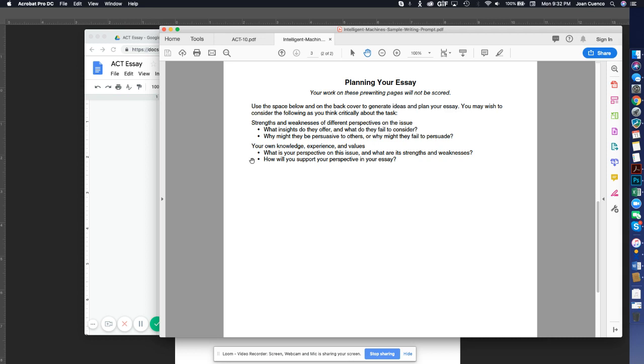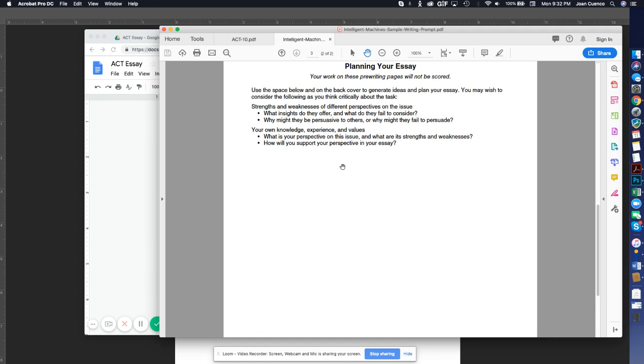And then include, okay, this is a special part of the ACT essay, which is that you can include your own knowledge, experience, and values in order to support your point. What is your perspective on the issue? And yeah, you can talk about what are the strengths and weaknesses about your perspective, and how will you support your perspective in the essay?